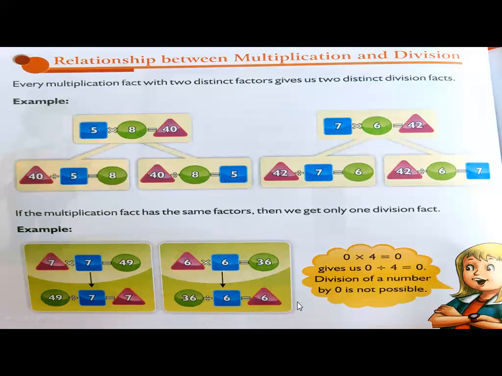Also remember, when you multiply a number by 0, the answer is 0, which gives 0 divided by 4 is also 0, because division of a number by 0 is not possible. So this is the relationship between multiplication and division.